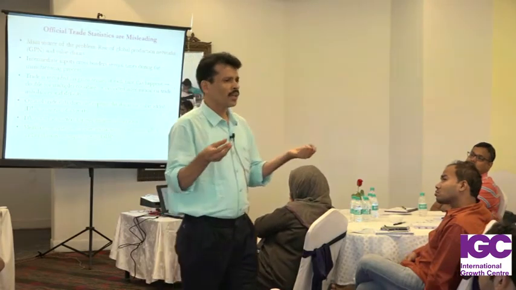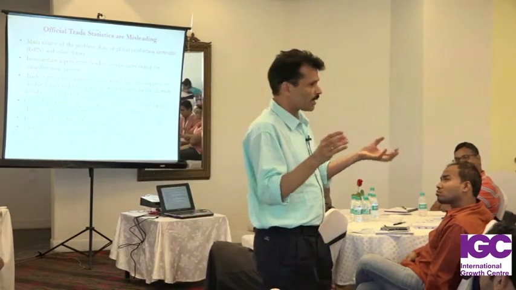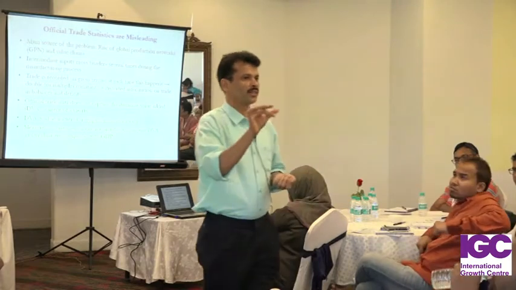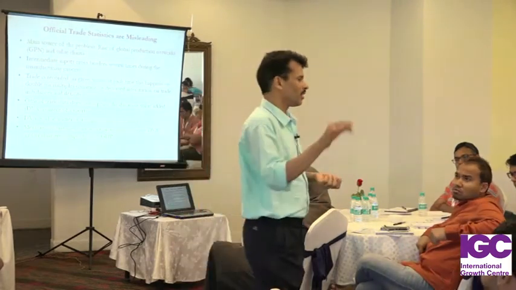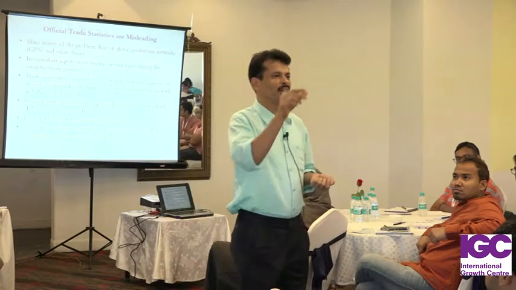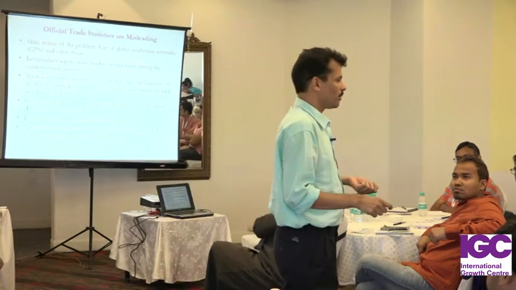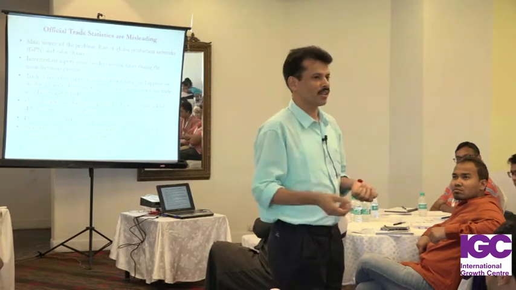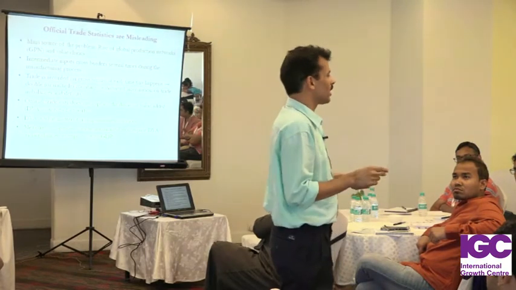Now you will be surprised about the Barbie doll that small little girls play with. If you look at how a Barbie doll is made, people have studied it, and they have found that there are 16 countries involved in making a Barbie doll.